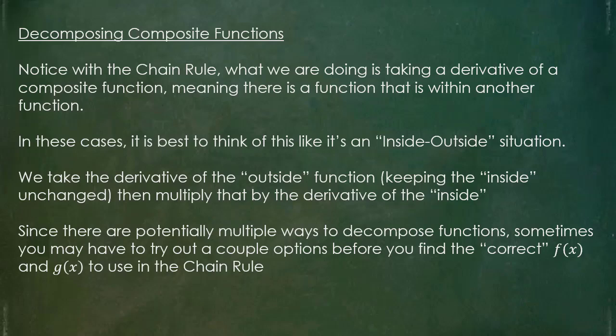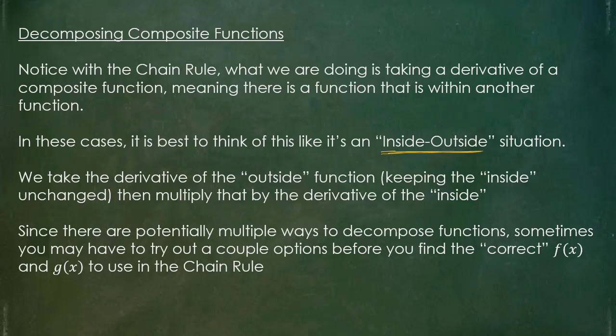So I'll try and sum this up for you. With the chain rule, what we're doing is taking a derivative of a composite function, meaning there's a function that's been plugged into yet another function. In these cases, one of the better ways to think of it is as an inside and outside situation. You identify what function is inside as well as what function is outside, or you can also think of it like levels.